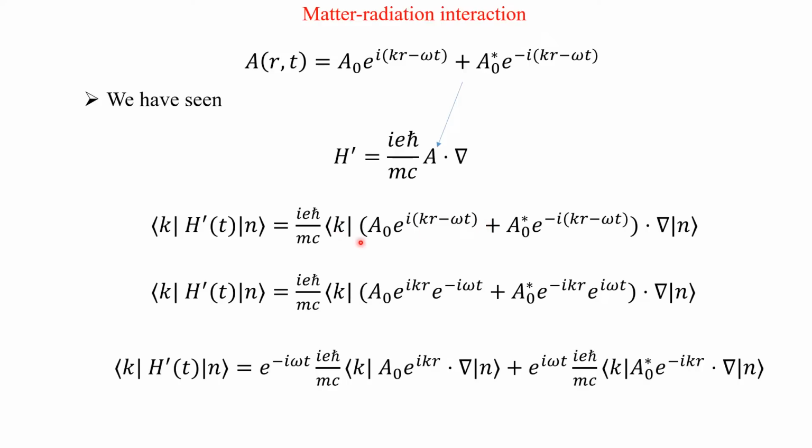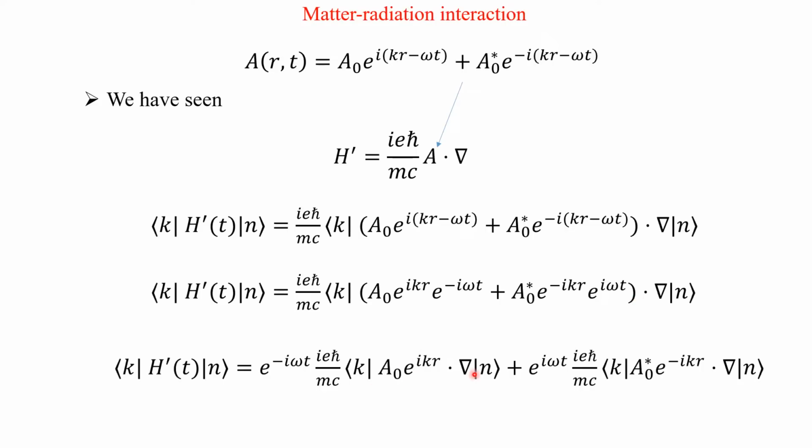So this will become ⟨k|, that exponent term, dot del |n⟩. Now what I am going to do is separate the time dependent part, that is omega t, and k·r separately. So this will become e power minus i omega t. Here it will become minus of minus plus, so plus i omega t.